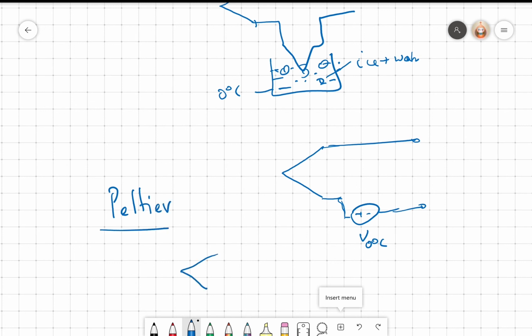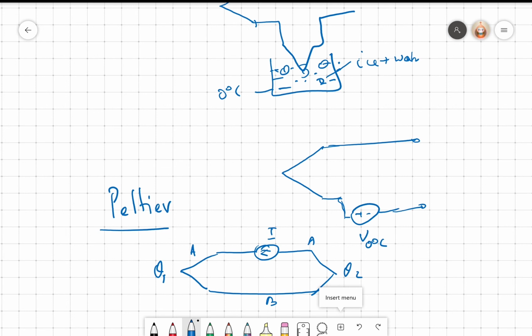If I have a material A and B, and I send a current I through this thermocouple pair, the two junction temperatures theta 1 and theta 2 will be generated so that the EAB here matches with the EAB here.